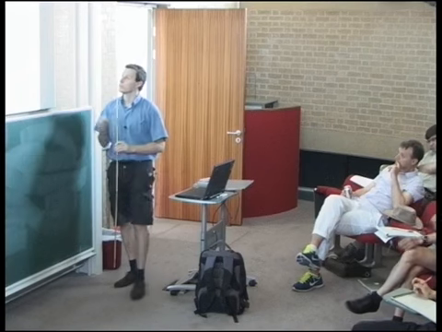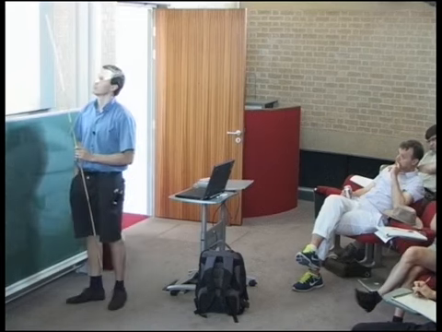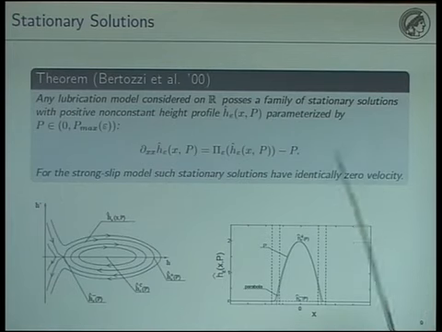So the starting point for any such coarsening considerations is to look at the stationary solutions, and it's also well known for 15 years that all lubrication models possess special droplet stationary solutions which solve this ODE and can be parameterized by the position in space. Here it's positioned at 0, and a so-called pressure parameter which describes the form of the droplet.